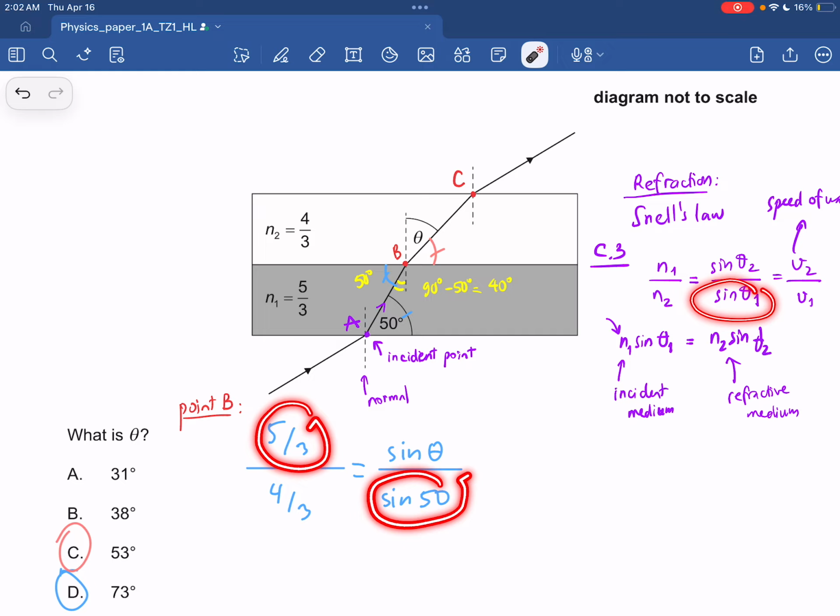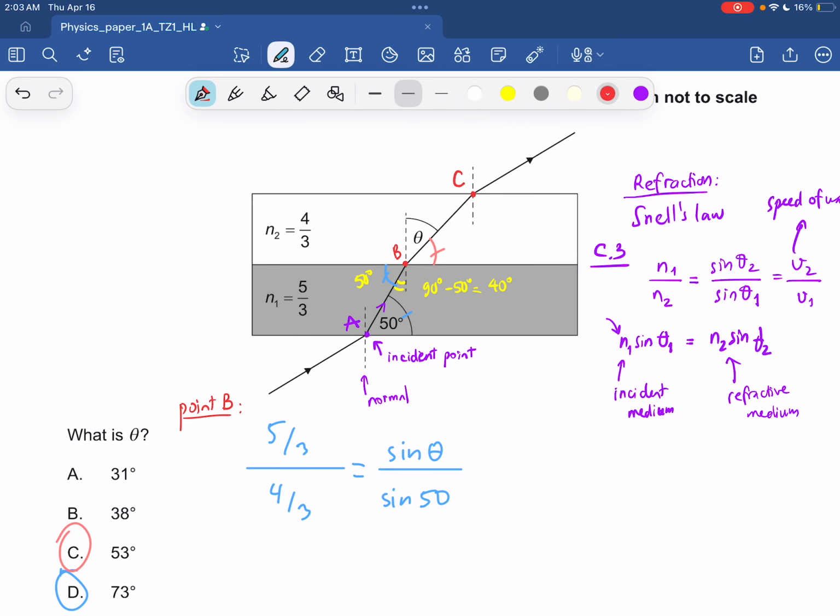Is that 50? Can you see here, it is not 50, it is this angle, and this angle is actually just 40. That's why we made a mistake here. This one should be 40 degrees. If you just write 50, it could be mistaken as 50 radians. It should have degrees as the unit for the angle here, 40.